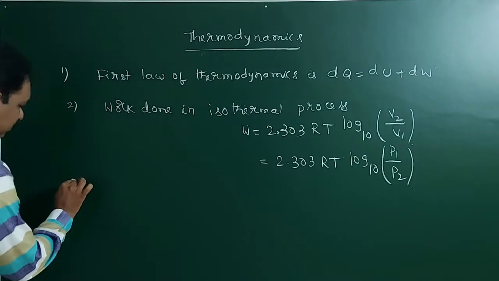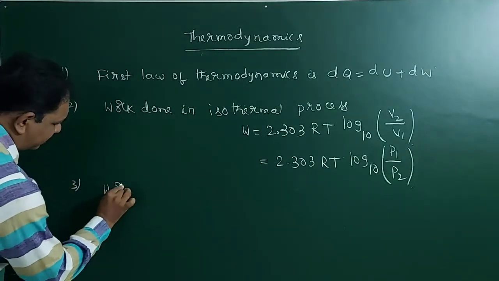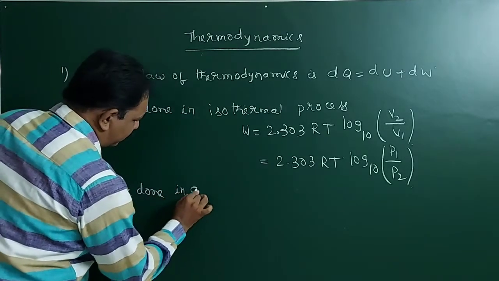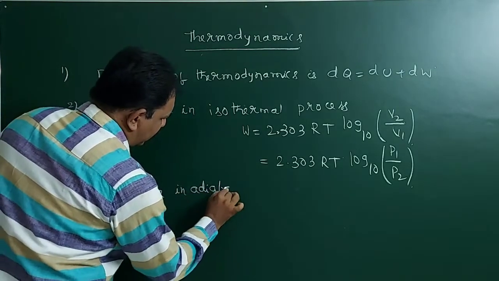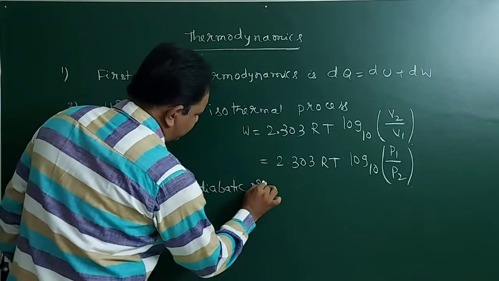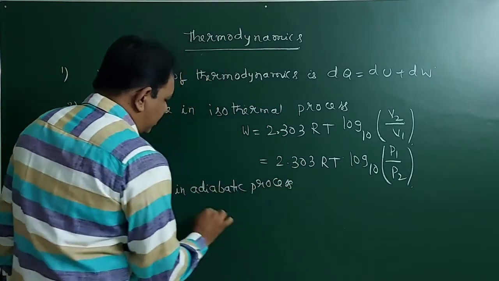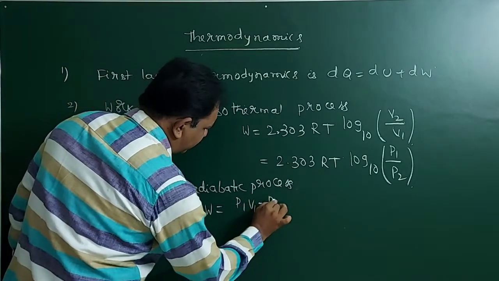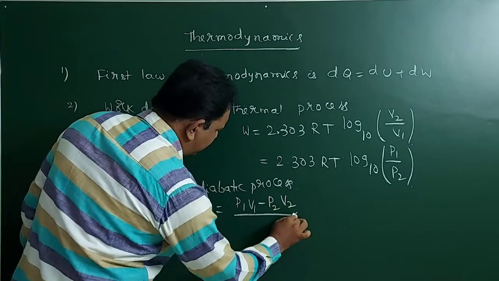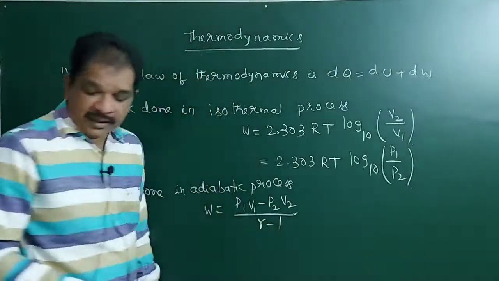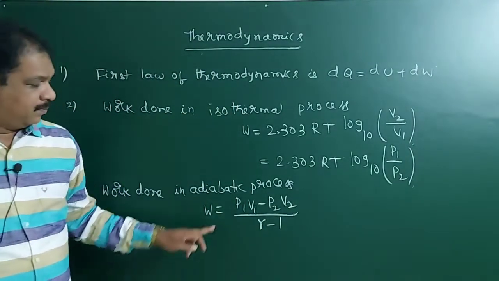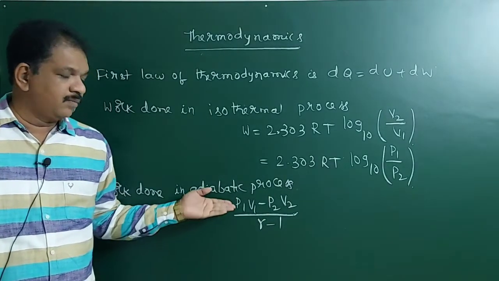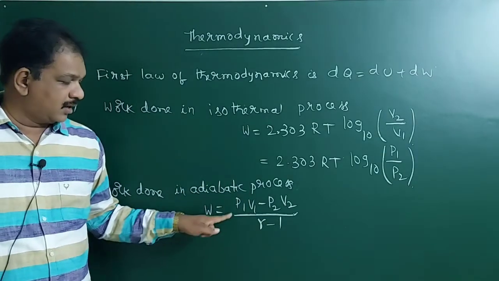Now work done in adiabatic process, W is equal to P1 V1 minus P2 V2 by gamma minus 1. PV is equal to nRT.